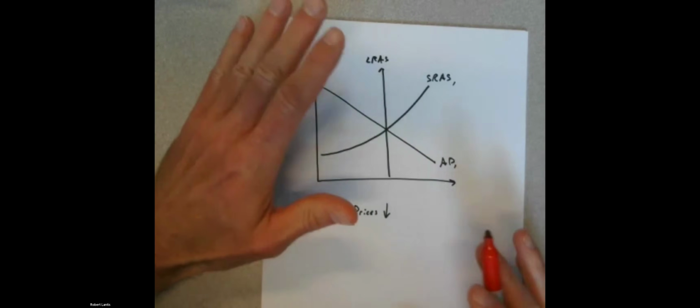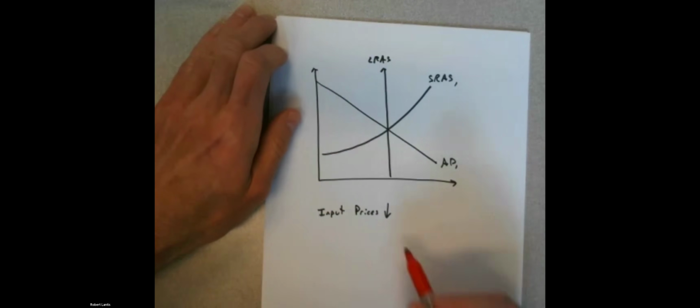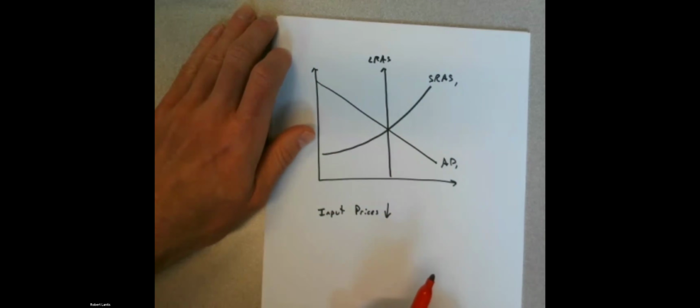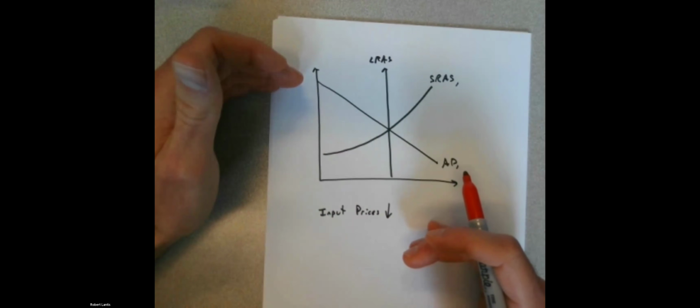Well, if wages are lower, that isn't going to impact the amount of labor I have, so long run aggregate supply won't change. However, in the short run, because I'm paying those workers a lower amount, think about it: do I want to produce more or less than before? I would want to produce something if the price I could sell it for is above the price it costs me to produce it.